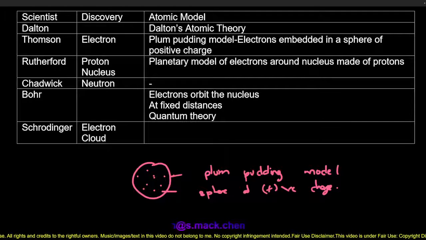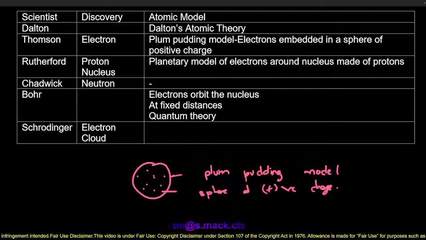After Rutherford, the next important development came from Niels Bohr, where he revised that atomic model, where through his experiments he showed that when atoms were heated, light energy would be given out, and that this light energy had specific amounts.